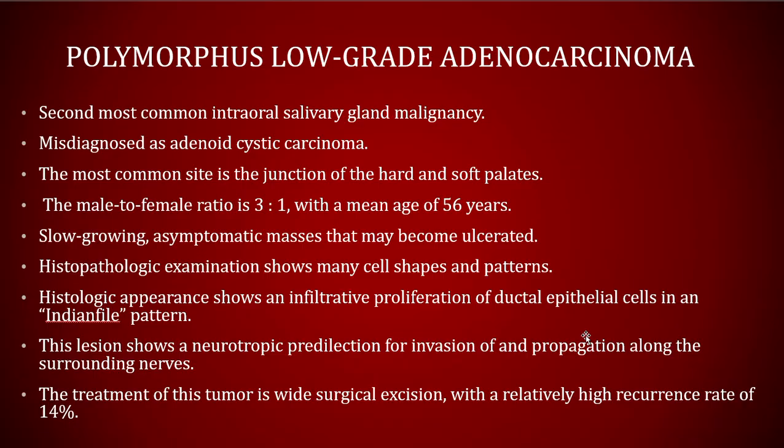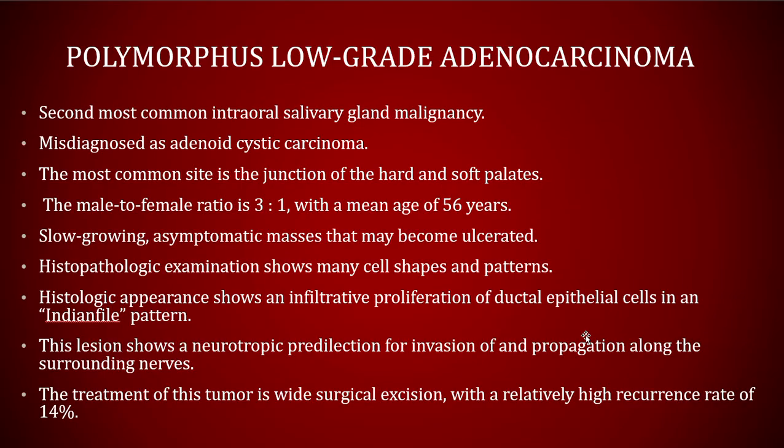Now, polymorphous low-grade adenocarcinoma is the second most common intraoral salivary gland tumor. Most of the time it is misdiagnosed as adenoid cystic carcinoma, usually at the junction of the hard and soft palates, more in males. Slowly growing and asymptomatic mass.